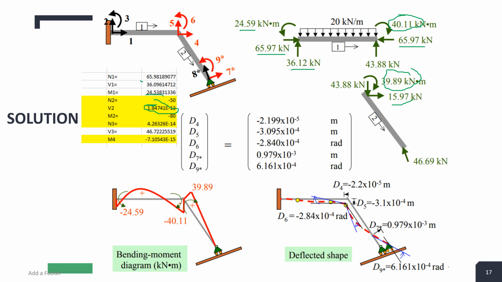And 46. So 46 is in the orientation of 76 degrees from the horizontal. The angle there is 76.